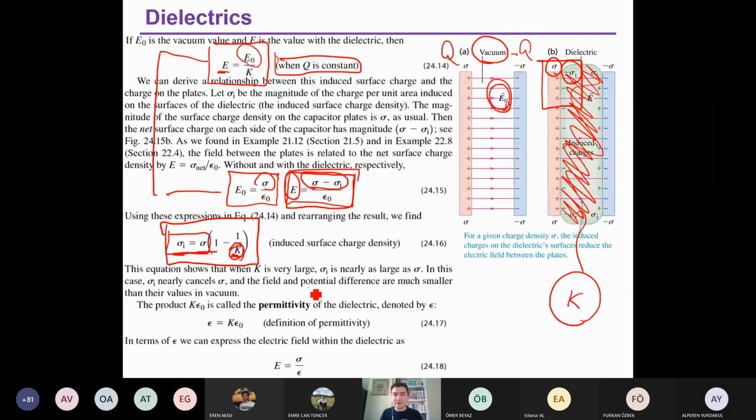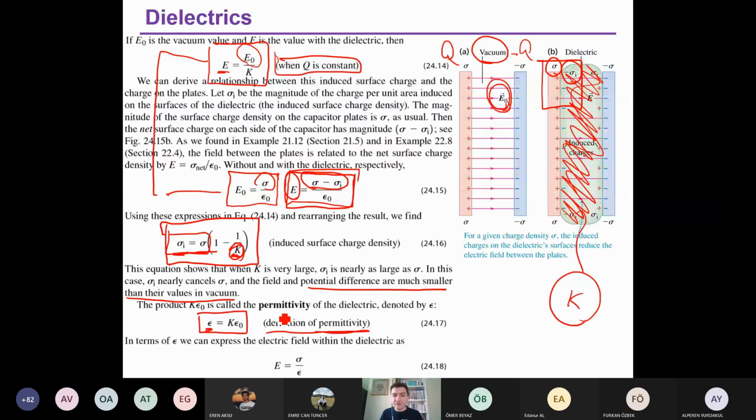So what is the relation between electric constant and dielectric constant? It can be written like this. This is the epsilon. What is this epsilon? This is the definition of permittivity, and it is also called the permittivity of the dielectric material, and it is given by K times epsilon 0.